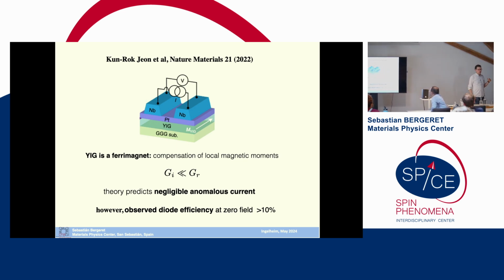We ask ourselves: either there's a problem with the experiment, or there are some other effects at this interface that we are missing. For example, what they claim in that paper is an enhanced interfacial spin-orbit coupling. But if so, this should also manifest in the normal state. The theory is valid from the superconductor to the normal state.